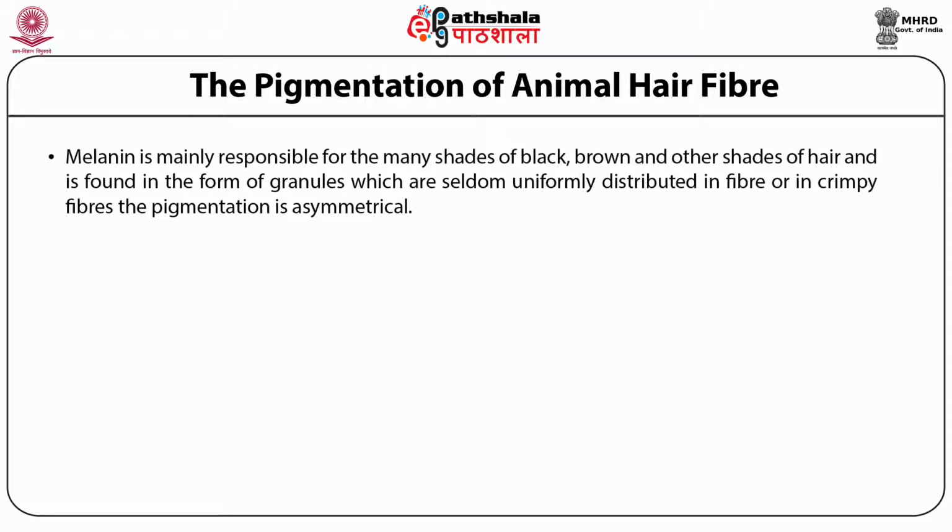Melanin is mainly responsible for many shades of black, brown and other shades of hair, and is found in the form of granules which are seldom uniformly distributed in the fiber, or in crimpy fibers the pigmentation is asymmetrical.